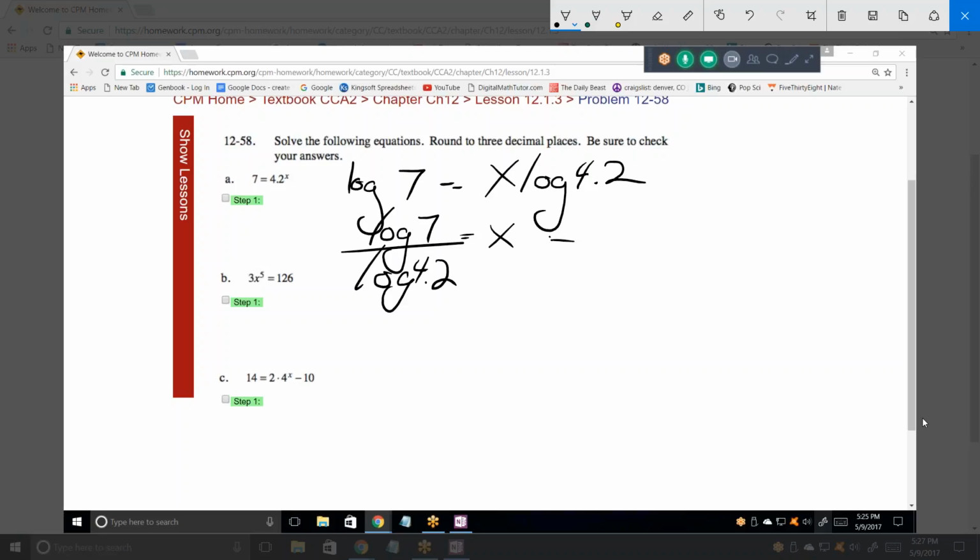What did you get for that answer? 1.356. What was the next decimal? 9. Okay, read off the first 4 decimals you get. 1.3559. Okay, good.